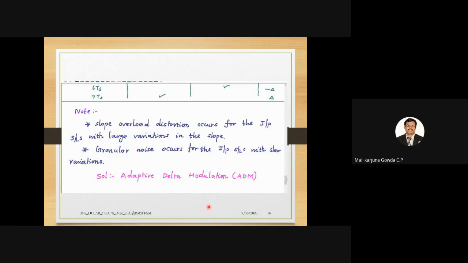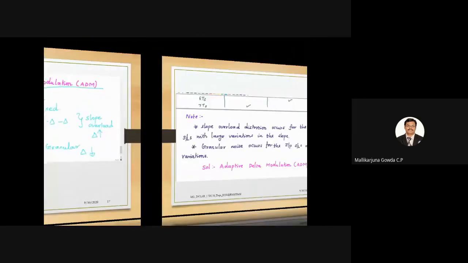That can be done by using the adaptive delta modulation technique. In adaptive delta modulation, we need to set a logic for increasing and decreasing the step size depending upon the slope of the input signal. I will come back to adaptive delta modulation.